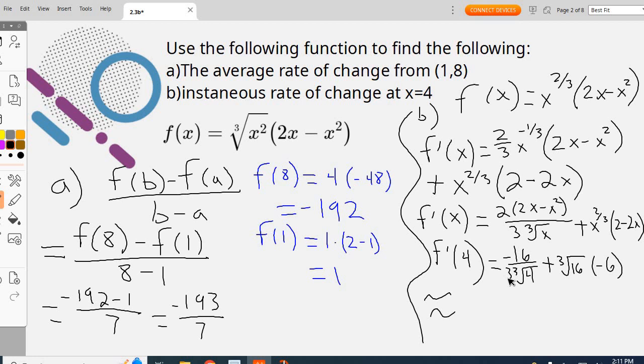So plug it into our calculator. I got negative 5.036. I don't agree.